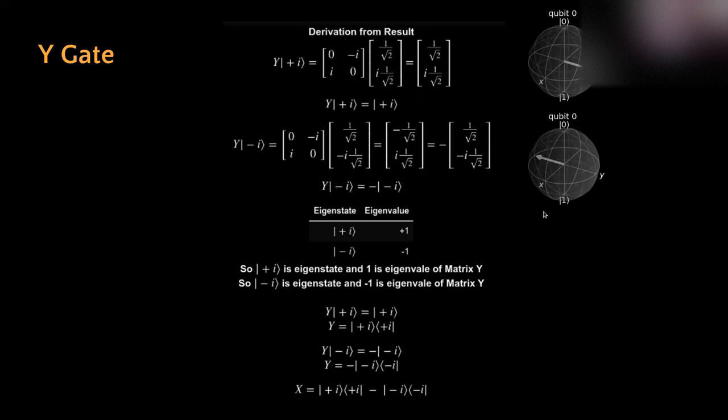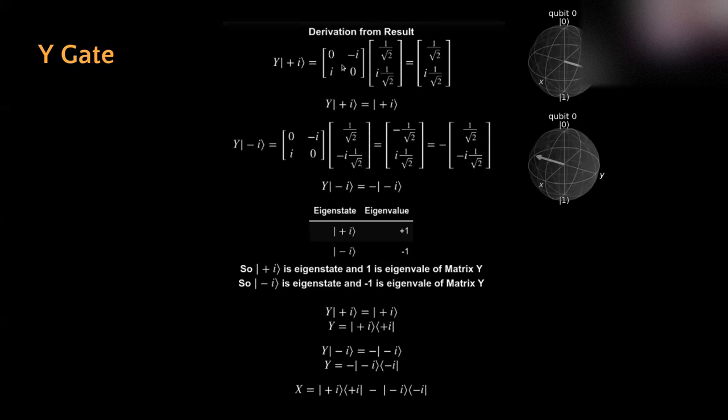A rotation about the y-axis will affect only those qubits which are perpendicular to the y-axis. Therefore, we know the eigenvectors and eigenstates of the Y gate, which are ket plus I and ket minus I. This is from intuition, and we're verifying it mathematically over here just to be sure, but we know that these two will give us the Y matrix.